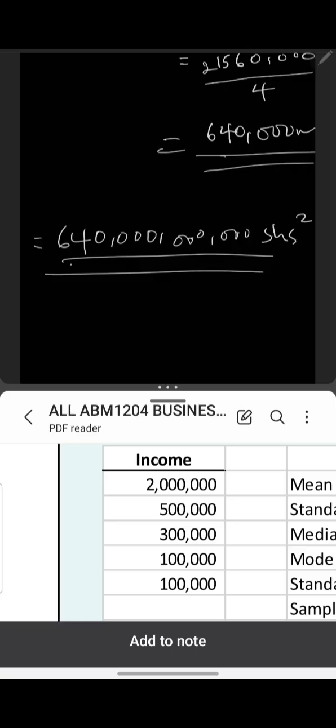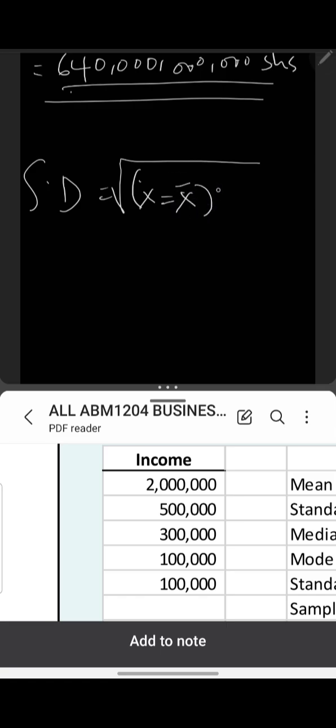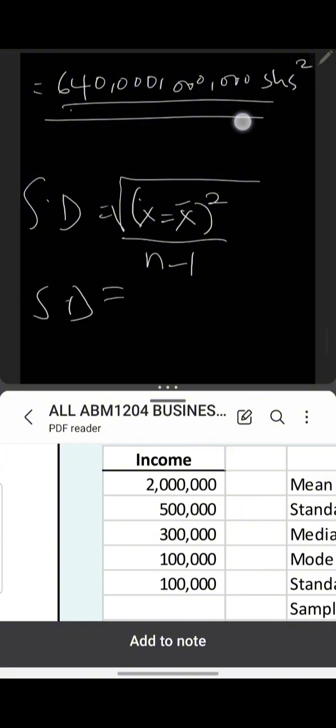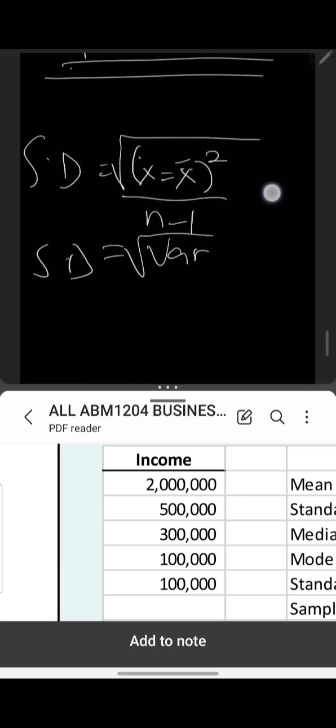Okay, now go ahead and find the standard deviation. Standard deviation is equal to, which is the same as, the square root of variance, because you have already calculated it.